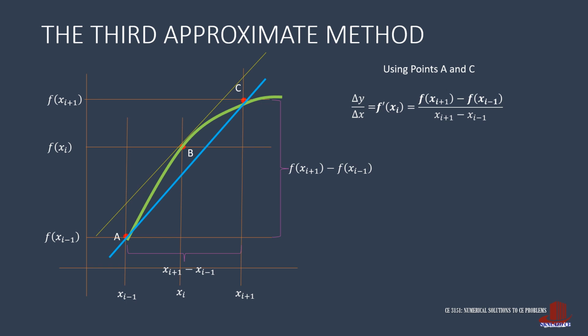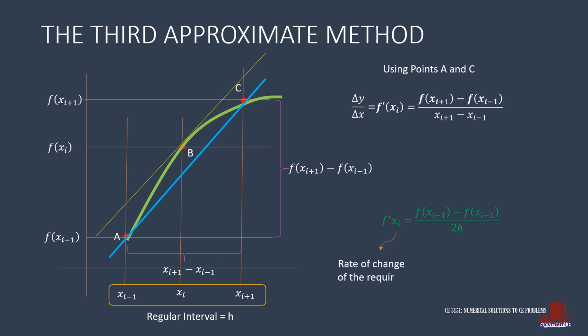Again, from the x-axis, the values are regularly gapped as h, where in this case there are 2 jumps, or 2 h's, making the function f of xi plus 1 minus f of xi minus 1 all over twice of h.